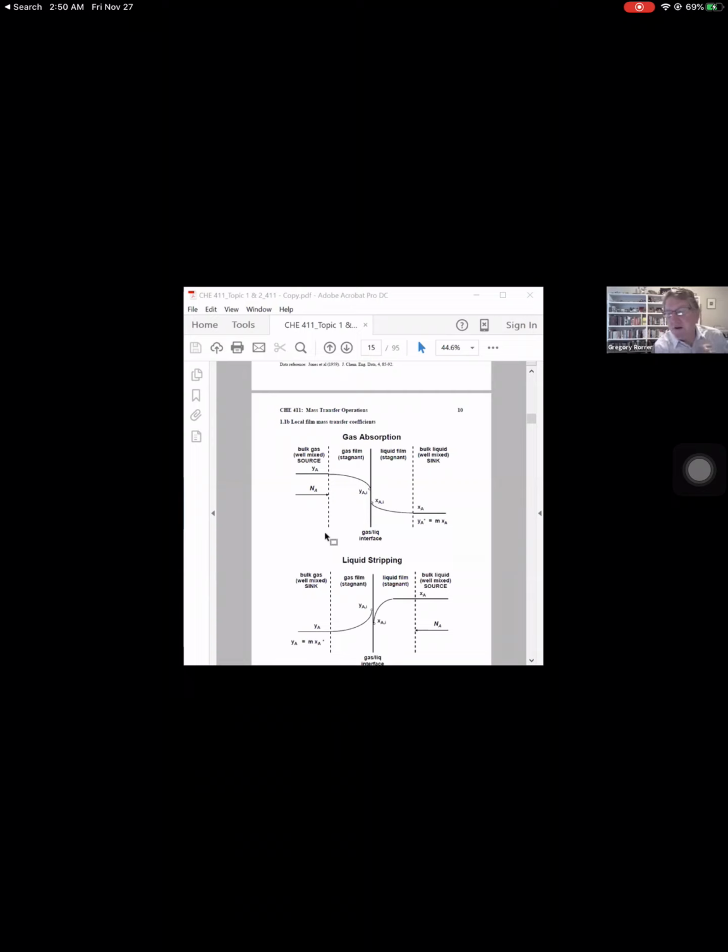So if you look to the diagram on the right here, notice you have these equilibrium compositions, XAI and YAI, but they only exist on the equilibrium line because they're in local equilibrium. So that's given by this point right here.